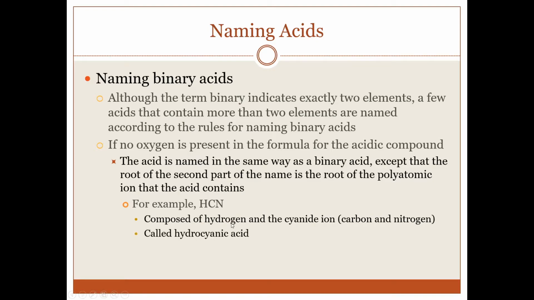The name for this acid is going to be hydrocyanic acid. So hydro is the prefix for hydrogen. Cyan is going to be the root of the second one. And then we're going to add ic at the end. And then lastly, we're going to add the word acid to the end of the whole thing. Hydro, cyan, ic, acid.